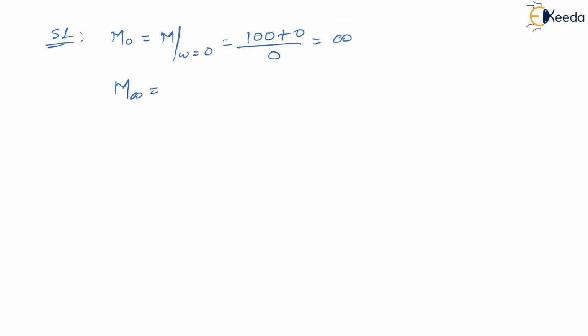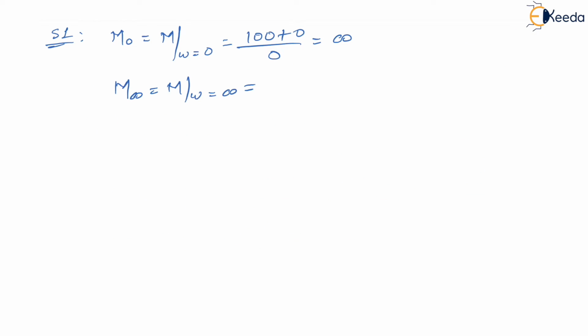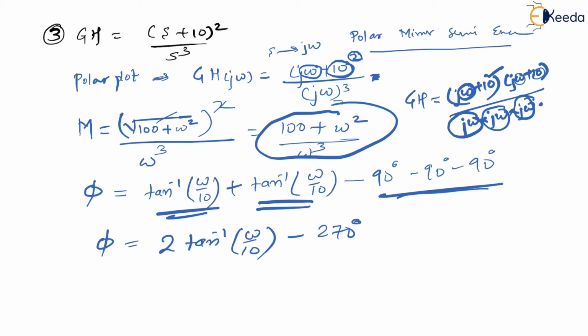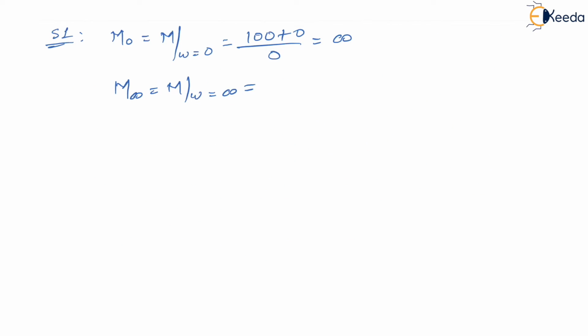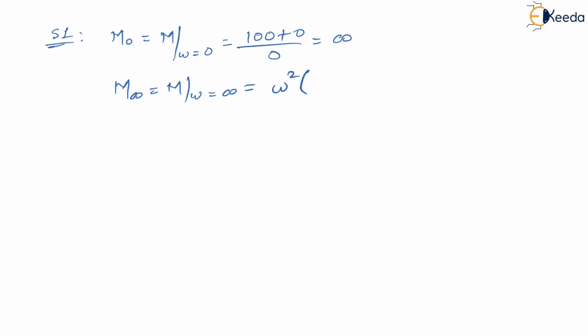Then what is the magnitude at infinity? It is M at omega equal to infinity, which is 100 plus infinity upon infinity. You just cannot do that, so you will have to take omega squared common here. If you take omega squared common, what is inside is 1 plus 100 by omega square, divided by omega cube.